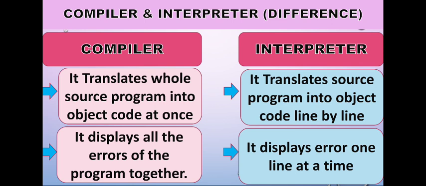Second difference: the compiler displays all the errors of the program together, whereas the interpreter displays one error at a time. And after the debugging of that error, meaning the correction of that error, it displays another error.